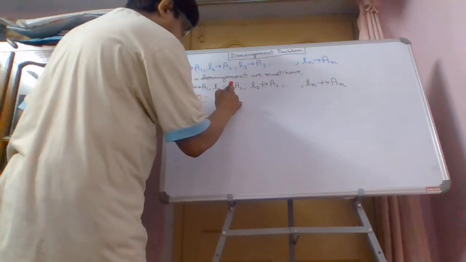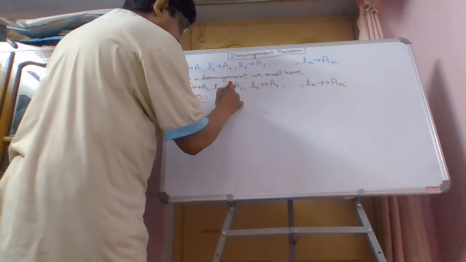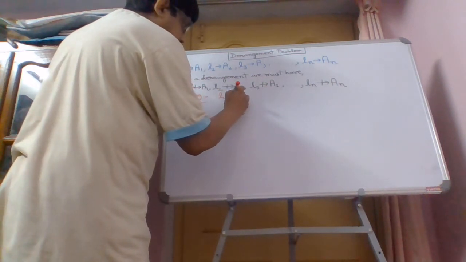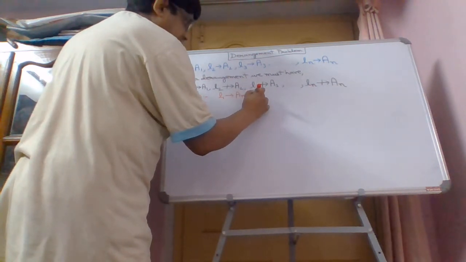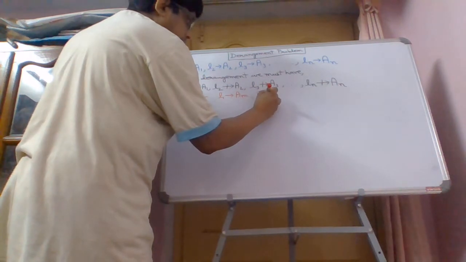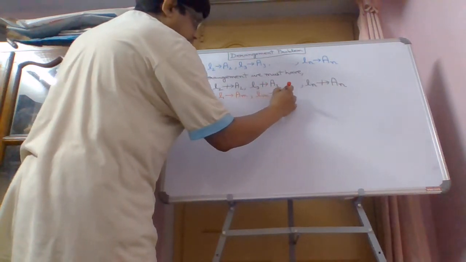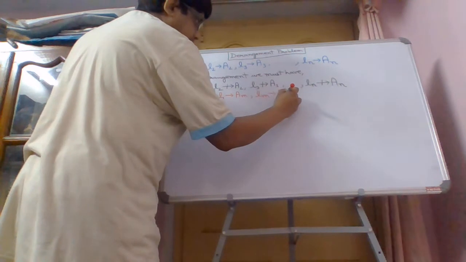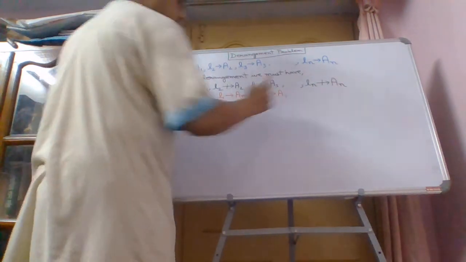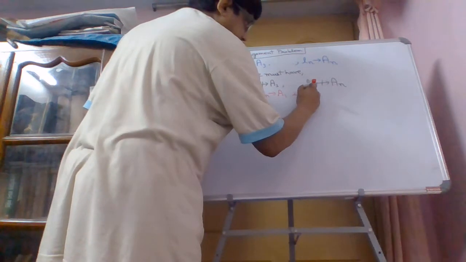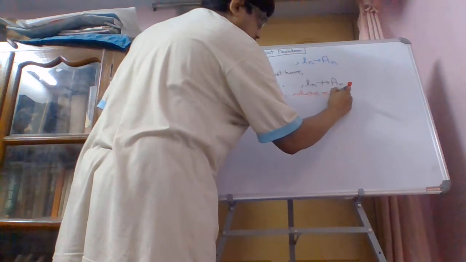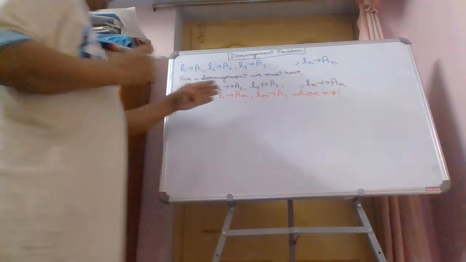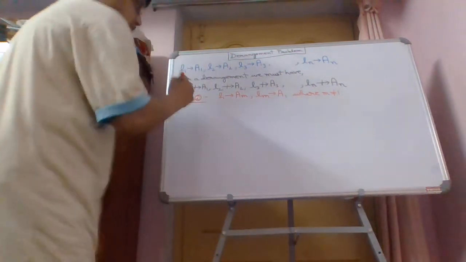In other words, we can say L1 goes to Am and Lm goes to A1, where m is not equal to 1. Now since it is a derangement, we must have a total mismatch.